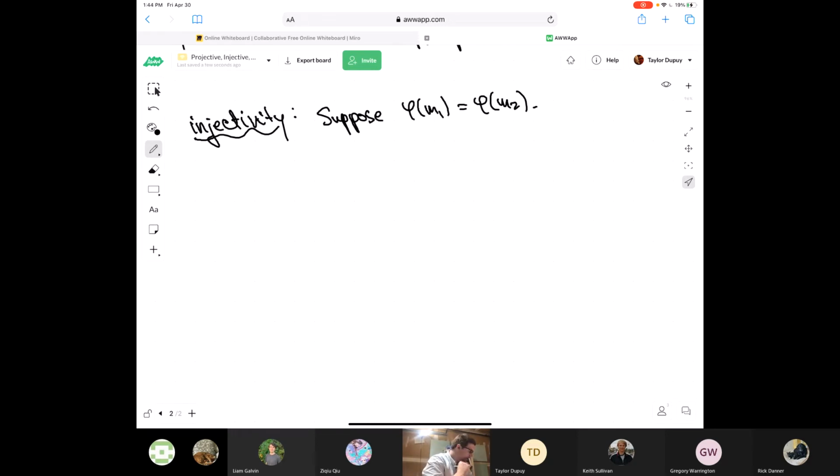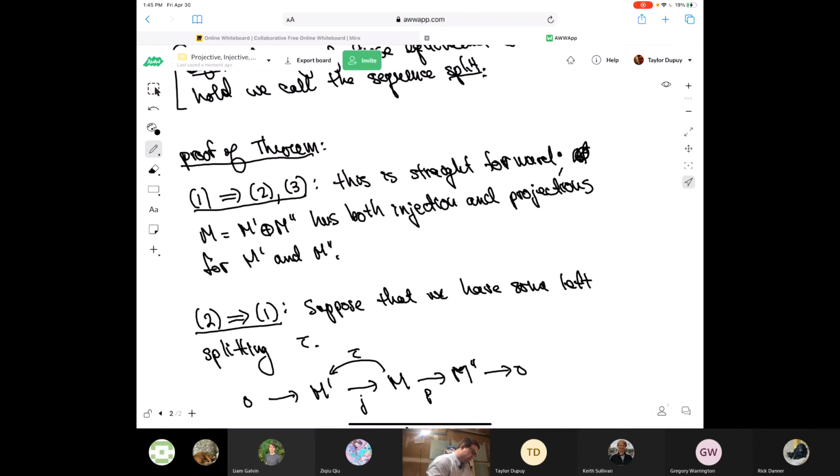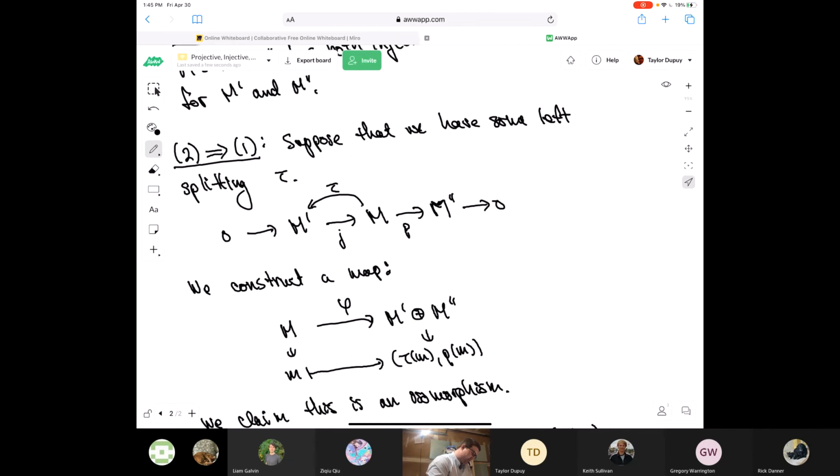This is the case if and only if, well, it's in two components, so the two components need to be equal, and P of M1 is equal to P of M2. Where did I write down the map?